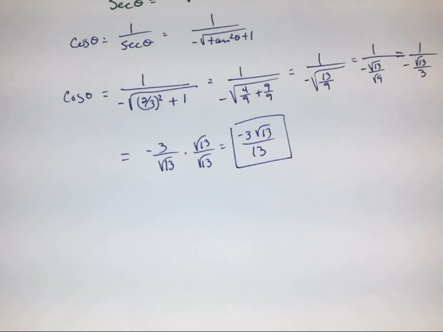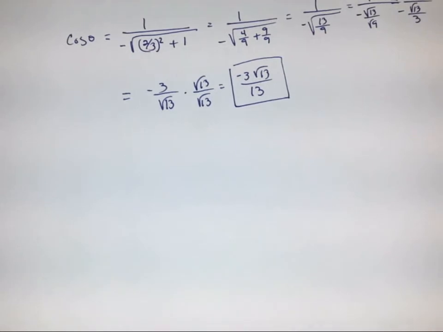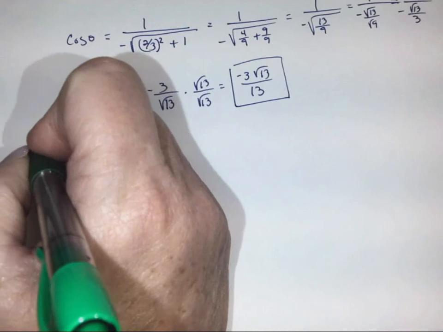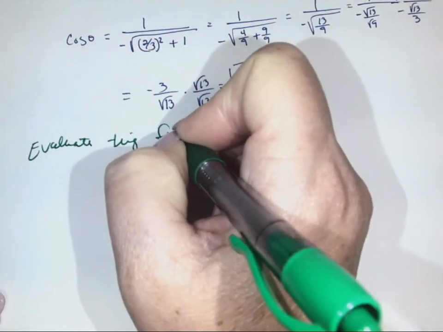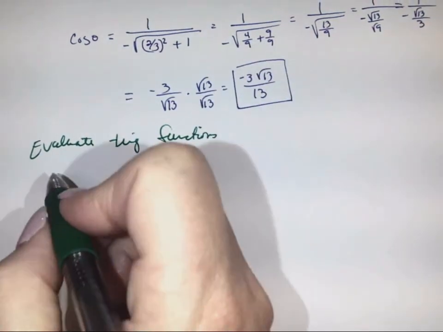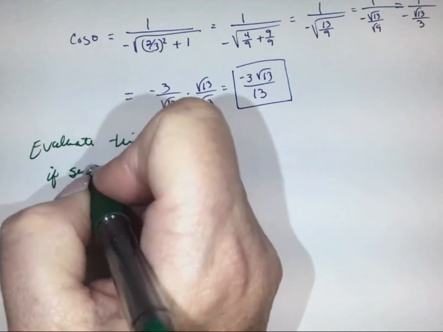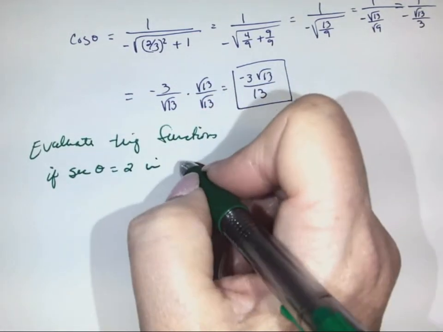All right, let's get to the next problem. So we want to evaluate some trig functions. And when we're doing that, we're going to look at if secant theta is equal to 2 in quadrant 4.